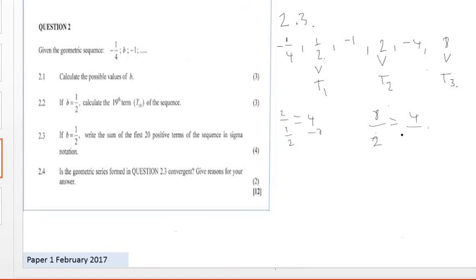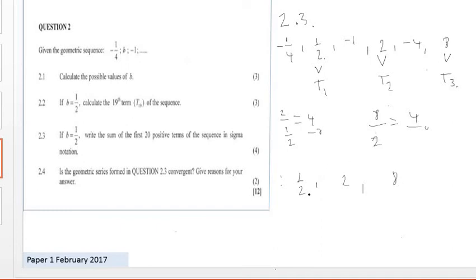So in other words, the actual geometric sequence is made of T1, which is half, T2, which is 2, and T3, which is 8.